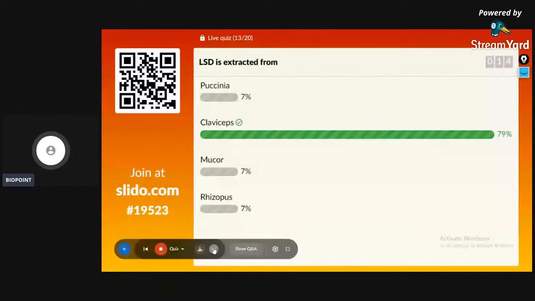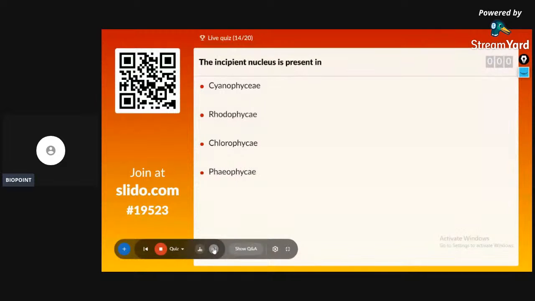14th question on the screen. The incipient nucleus is present in Cyanophyceae, Rhodophyceae, Chlorophyceae, Phaeophyceae. Let me see whether all can get the question or not.